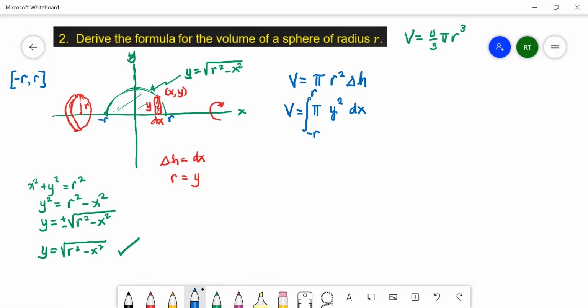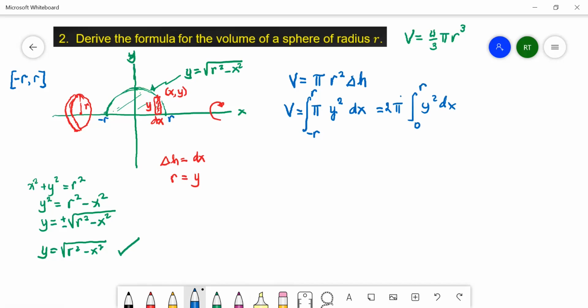Therefore, the solid of revolution formed on the right is equal to the solid of revolution formed on the left of the y-axis. Therefore, we can also find the volume by evaluating the integral of y squared dx from 0 to r, but we will multiply it by 2.